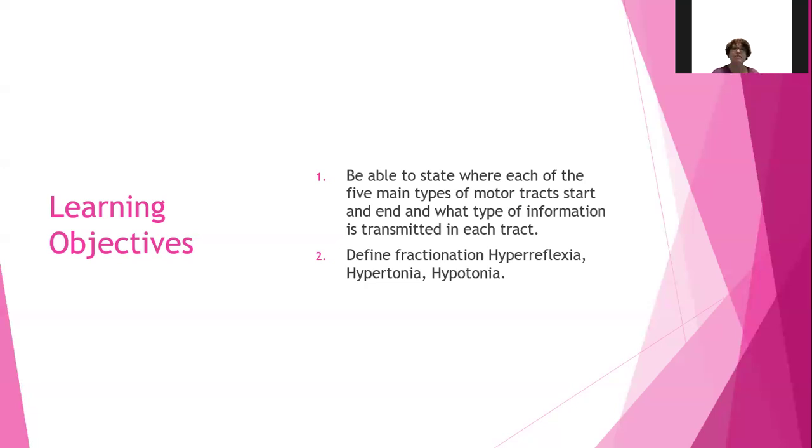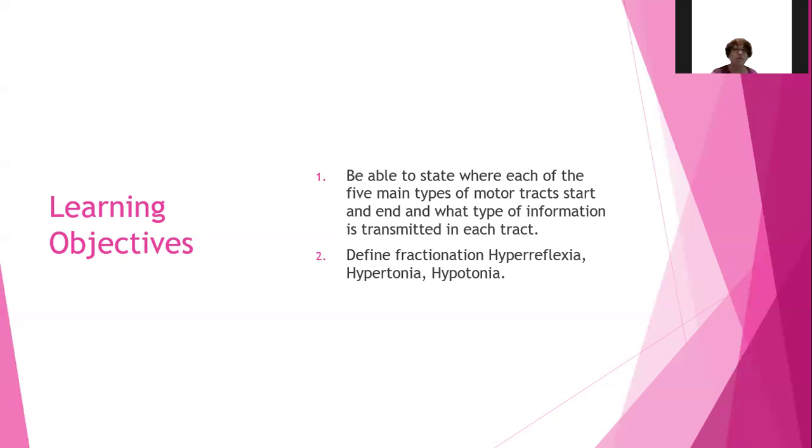And then we'll talk about the type of information that's transmitted in each tract. So just like with the sensory system where the information is a little bit segregated between different tracts, same thing with the motor. So we'll also look at fractionation. We'll review hyperreflexia, hypertonia, and hypotonia.